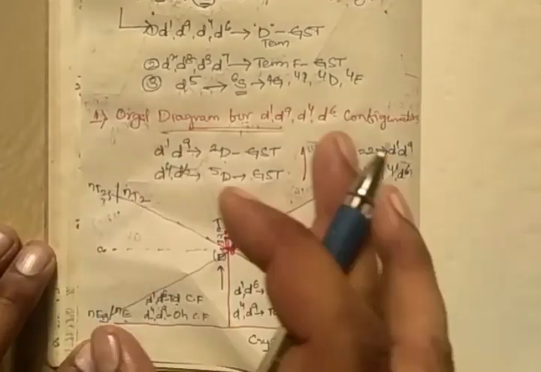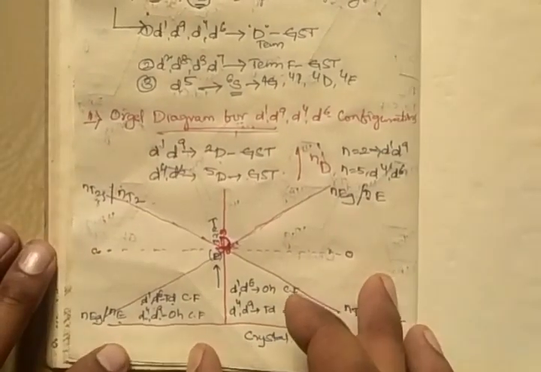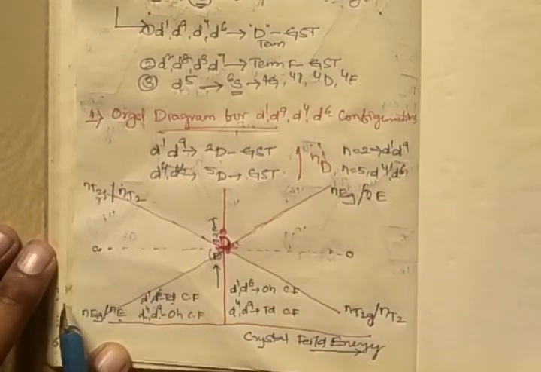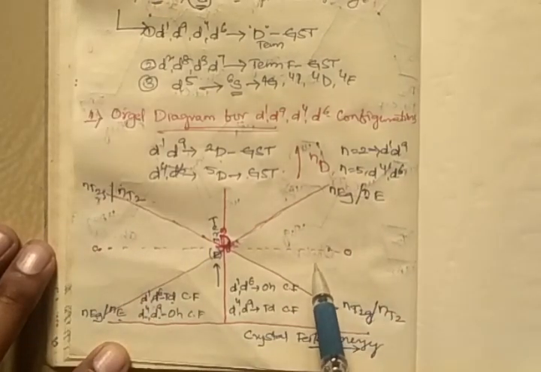Like that, all 8 diagrams of the crystal field effect on the D term are summarized in one simple diagram.